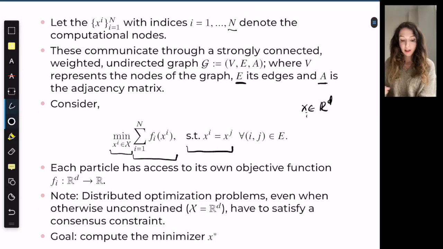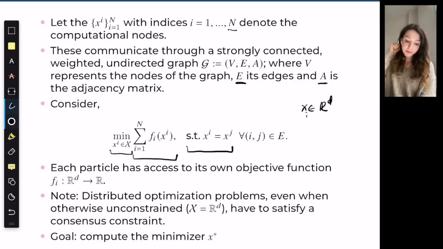So in this setup, every particle has access to its own objective function, which is f of i. And the collective goal of the system is to minimize the sum of all of these fi's, plus have all of the particle values, all the node values, agree with each other on the same value.